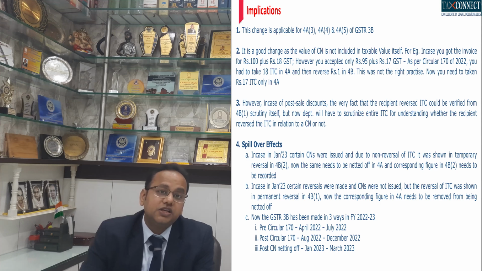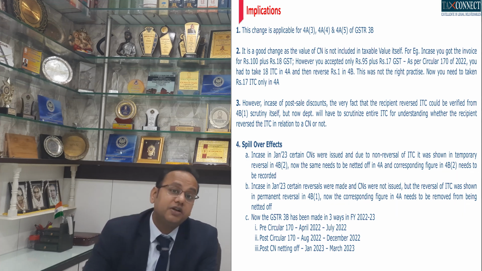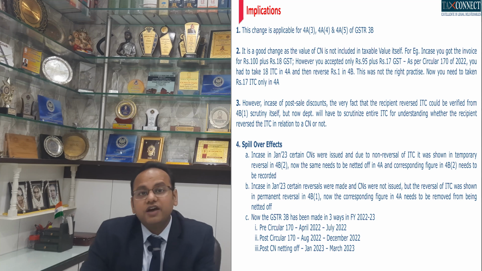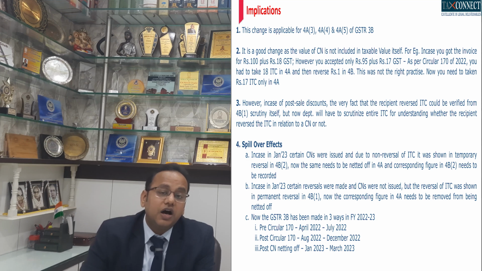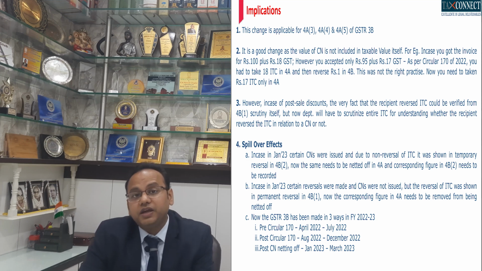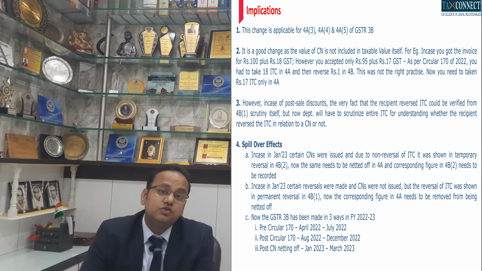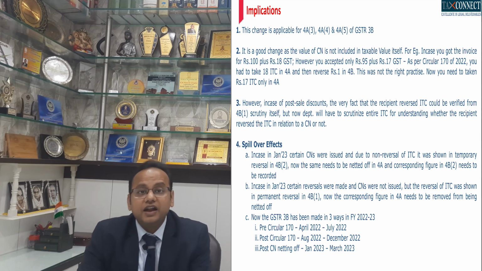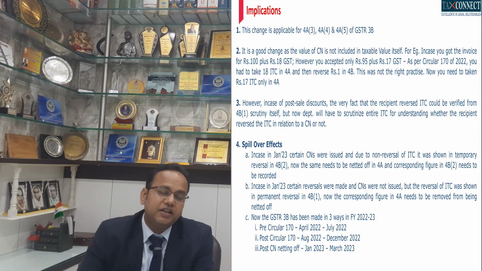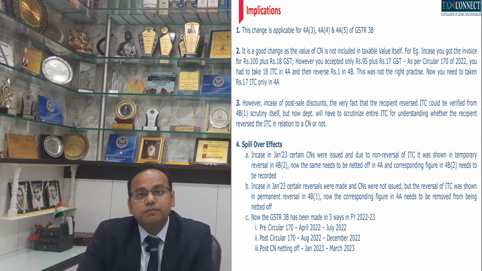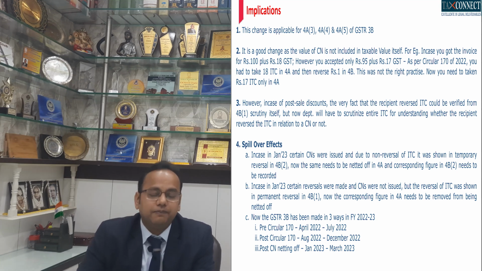However, in GSTR 3B, as per GSTR 2B, you have to take 18 rupees in table 4A and then show a reversal in 4B1 or 2 as rupees 1, and thereafter the net impact of 17 rupees of ITC availment would be reflected in 4C.